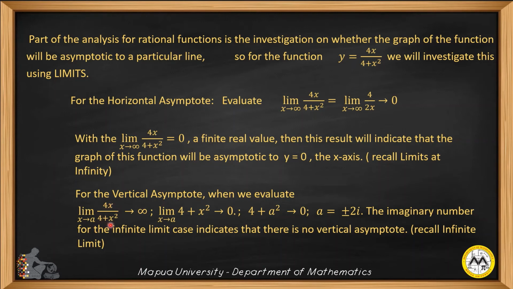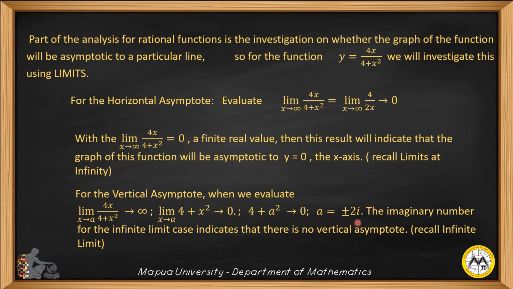And this ratio will have a limit which is an undefined value, or this ratio would be increasing or decreasing without bound as x approaches a, if the denominator, which is 4 plus x squared, approaches 0 as x approaches a. And that 4 plus x squared will be approaching 0 when a is either positive 2i or negative 2i.